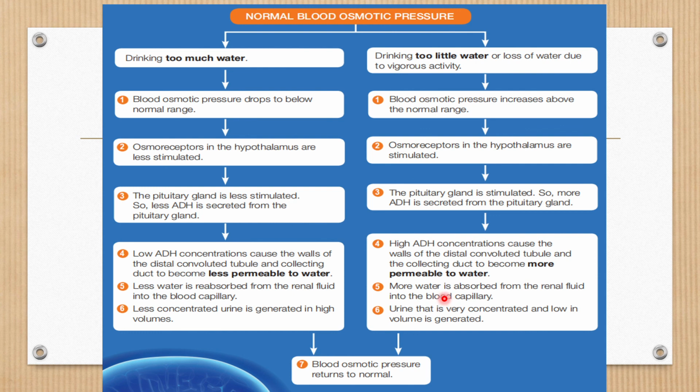So this will cause more water to be absorbed from the renal fluid back into the blood capillary, because we want the water. Our body is in a state of maybe dehydration, so we want to retain water. So what will happen in the end is that we will produce urine which is very concentrated and low in volume. Then only our blood osmotic pressure can return to normal.